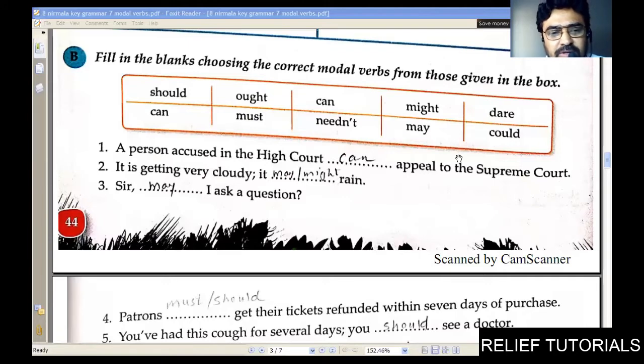Second one, it is getting very cloudy, so there is a probability of rain, so it may rain. Then third one, sir, blank, I ask a question, so he's seeking permission, and even to sir, that is highly formal, so you should better go for may I ask a question.